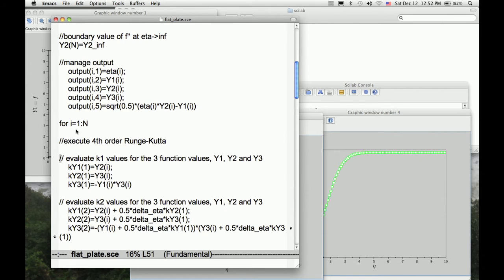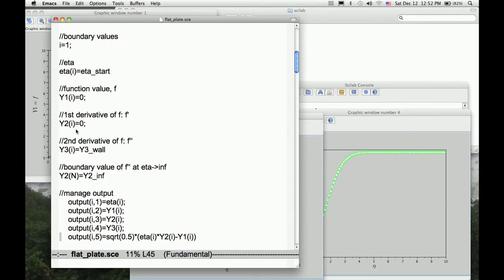Now, the Runge-Kutta method is essentially a method of numerical integration, where we go from one set of boundary values to the other.